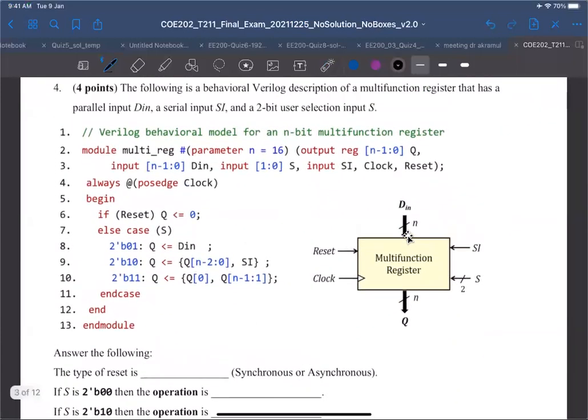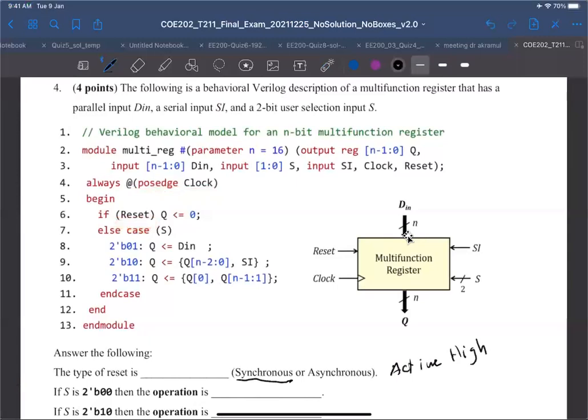Since we are not checking for reset in the sensitivity list of the always block, the reset is synchronized with the clock, so it is synchronous. And since we are checking if reset equals 1, it is active high. So it is synchronous and active high.